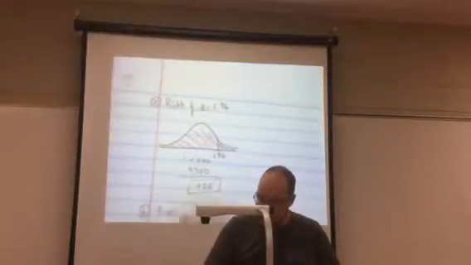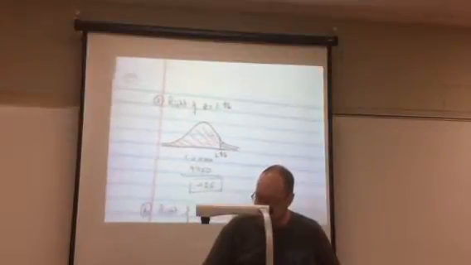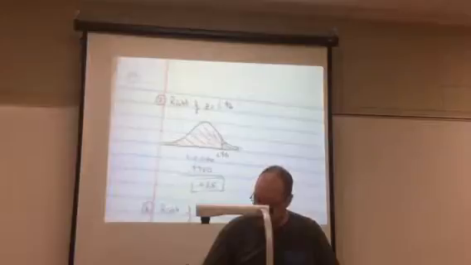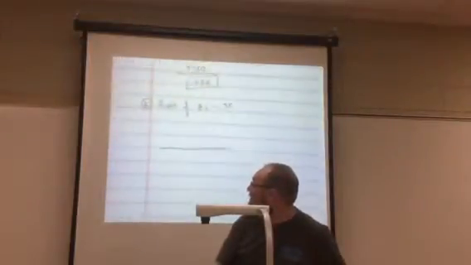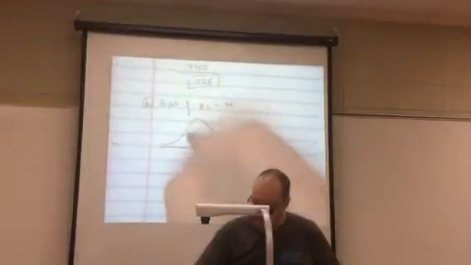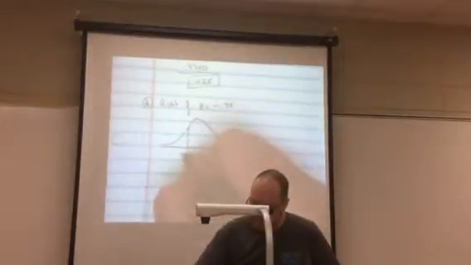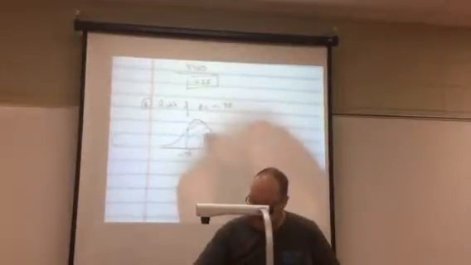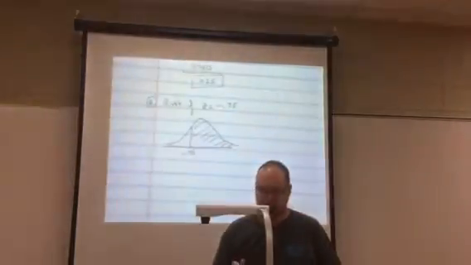But let's find the area to the right of negative 0.75. Find the area to the right of negative 0.75. And again, I'm interested in this region.